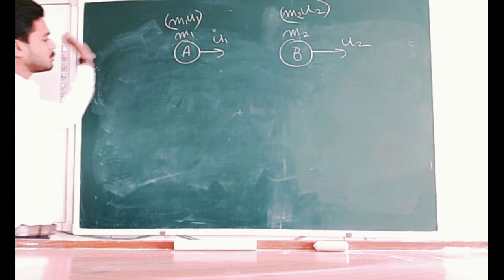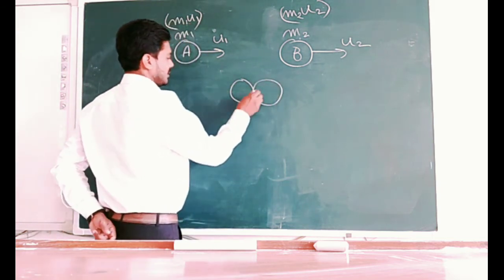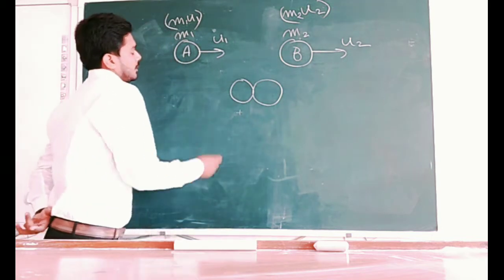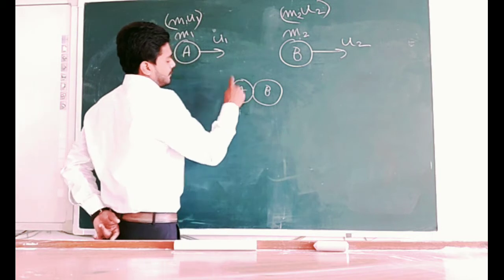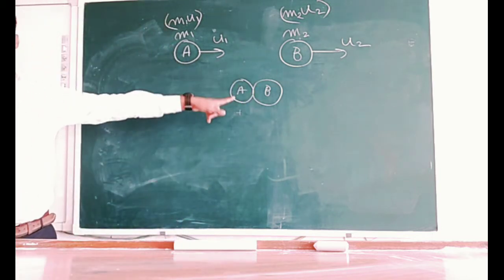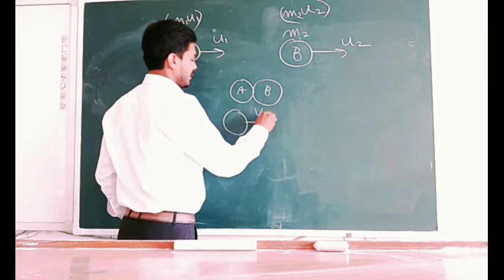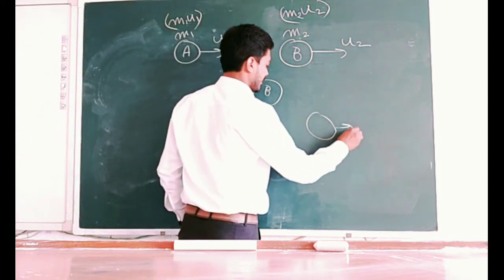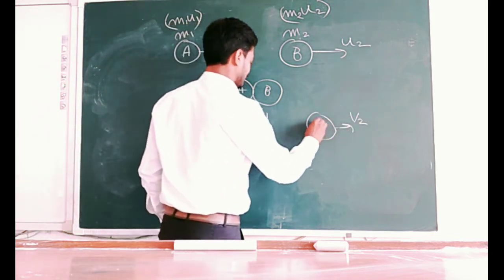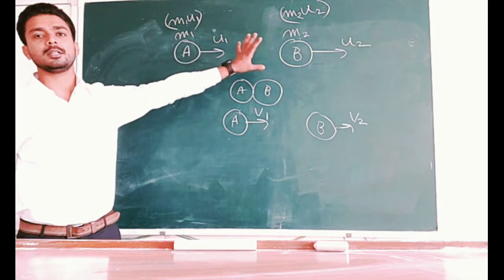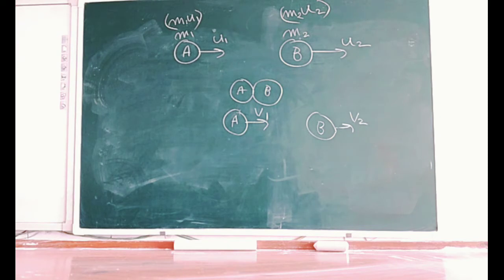Now, suppose these two bodies collide together, and after the collision their velocities are v1 and v2.